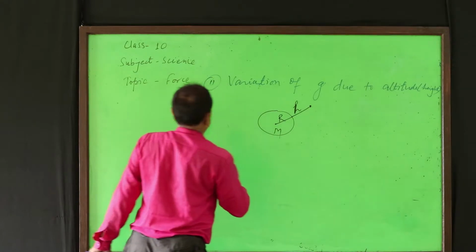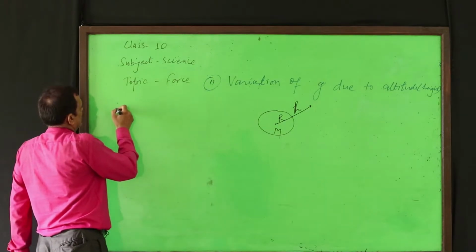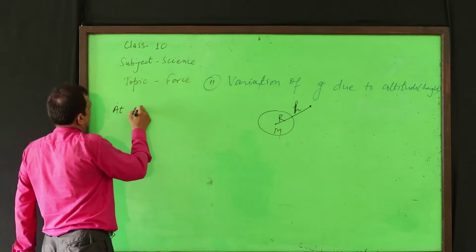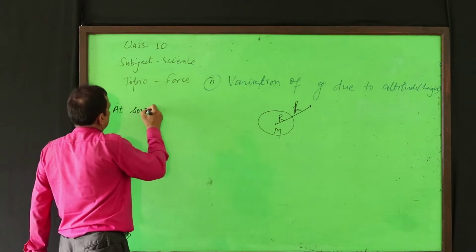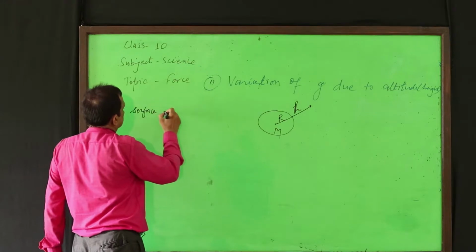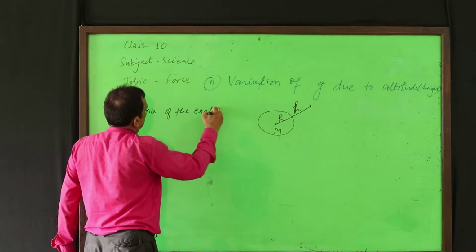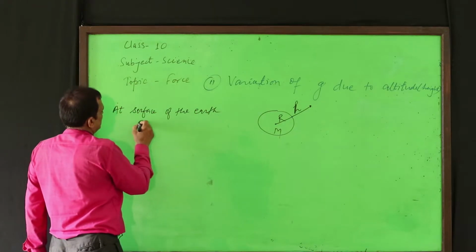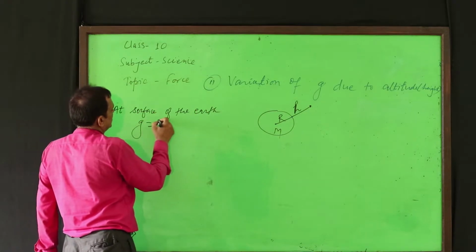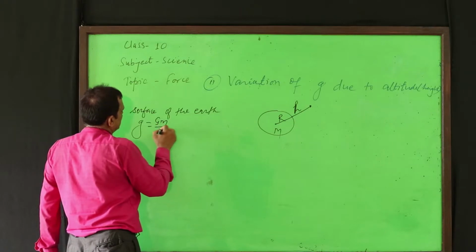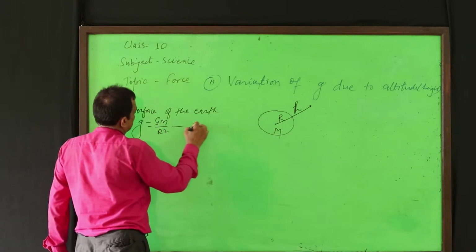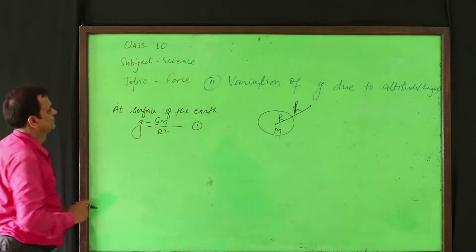Now, at surface of the earth, we know that g equal to GM by R square. This is the first equation. We have already studied.